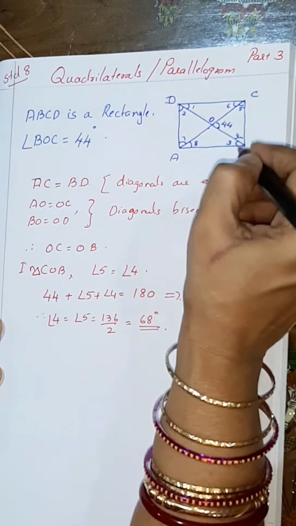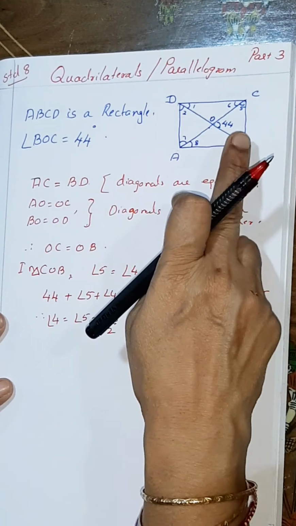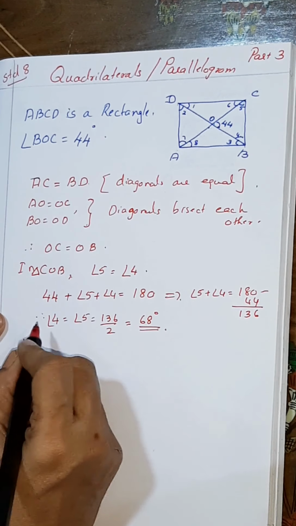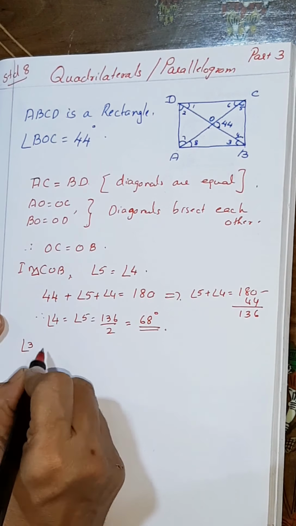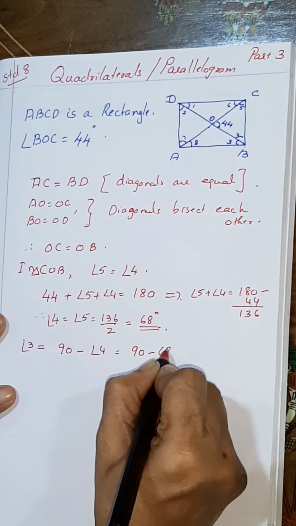So 4 and 5 are 68 degrees. Now this is a rectangle. So once you get angle 4, then you can find angle 3. Angle 3 is equal to 90 minus angle 4, because in a rectangle all the angles are 90 degrees. So that is 90 minus 68.